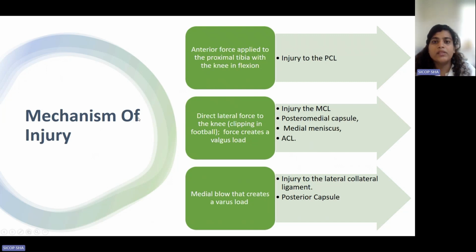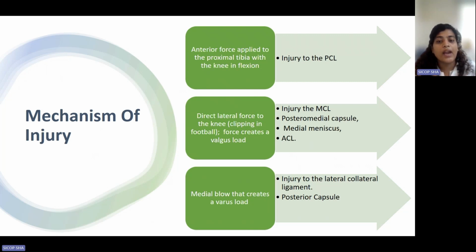When the patient complains of any trauma, we need to imagine where the force has been applied on the joint, right? So if there is an anterior force applied on the proximal tibia while the knee is in flexion, it points towards injury to the PCL.